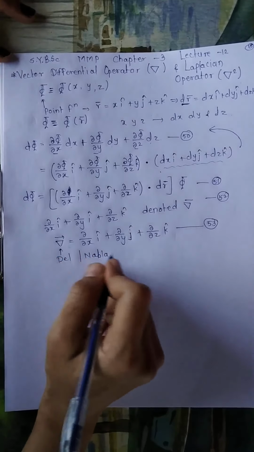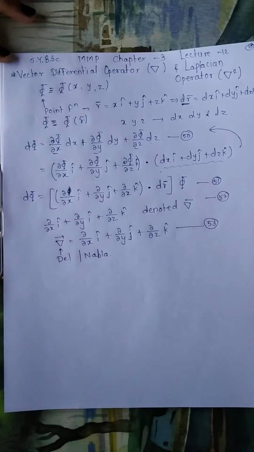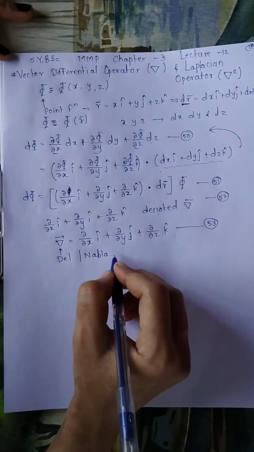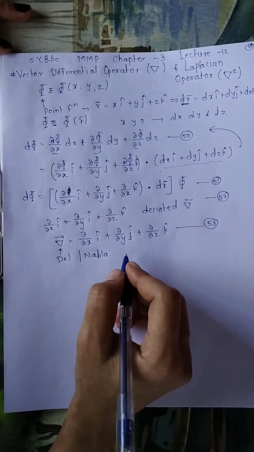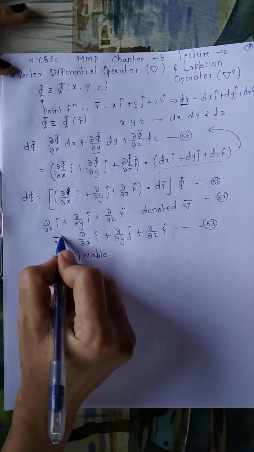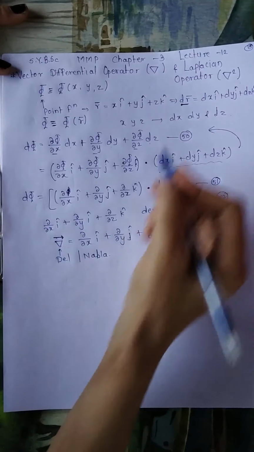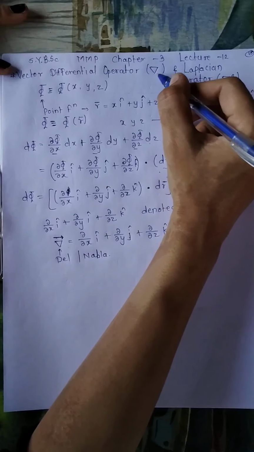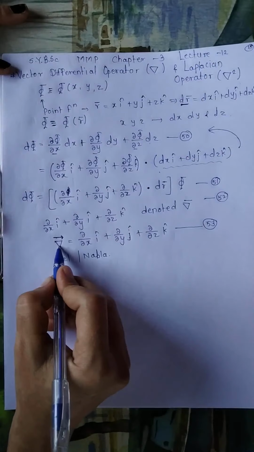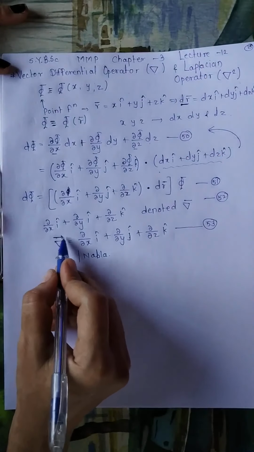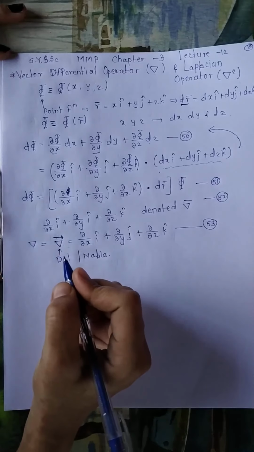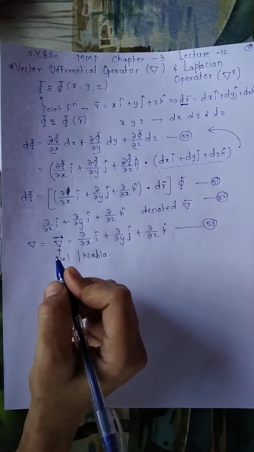This differential operator was introduced by Sir William Rowan Hamilton, and it was developed by P.G. Tait. For convenience, it is denoted without writing the arrow or bar over it. Therefore, we have written here just del. The meaning of both is the same.